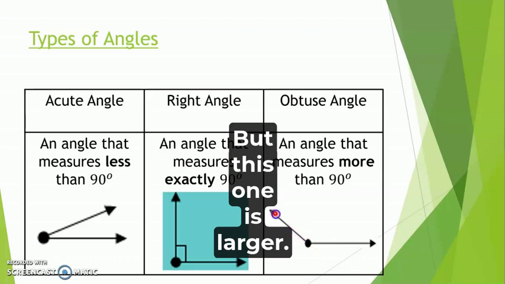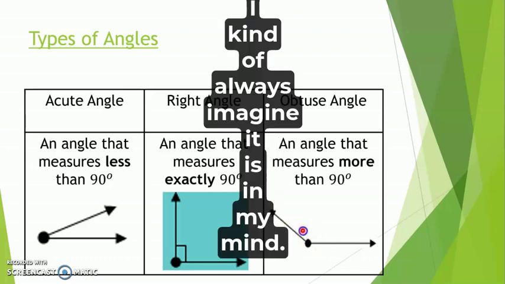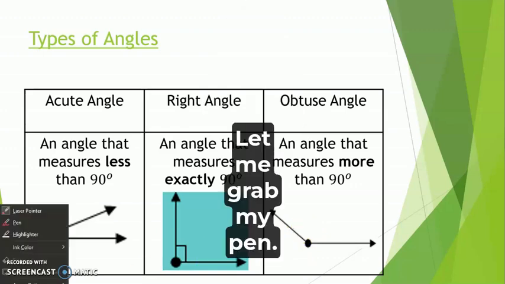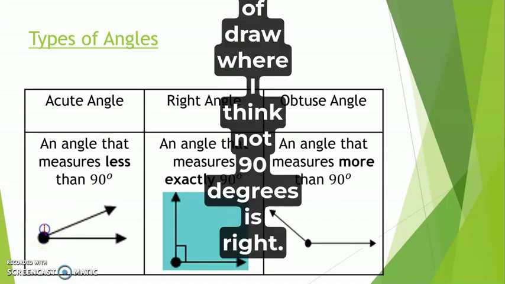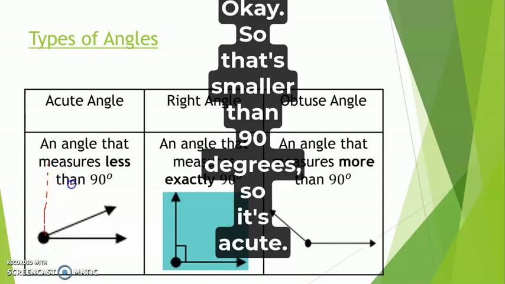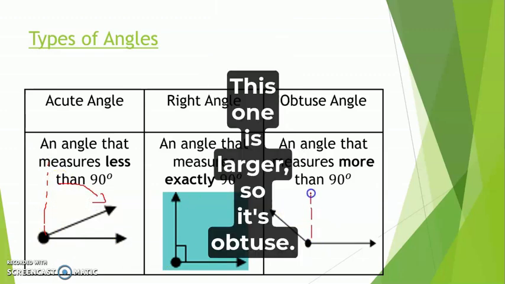But this one is larger. Okay, so that's how I always imagine it, in my mind, let me grab my pen, I kind of draw where I think 90 degrees is, right? Okay, so that's smaller than 90 degrees, so it's acute. This one is larger, so it's obtuse.